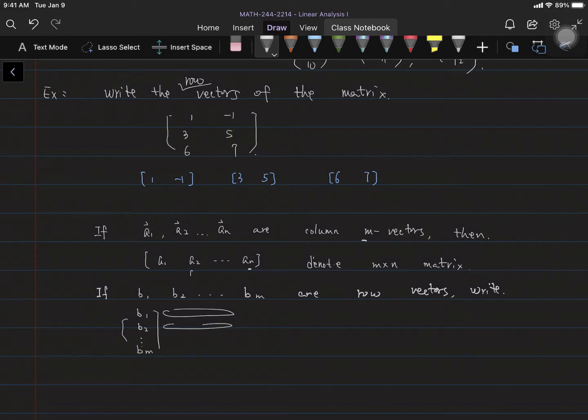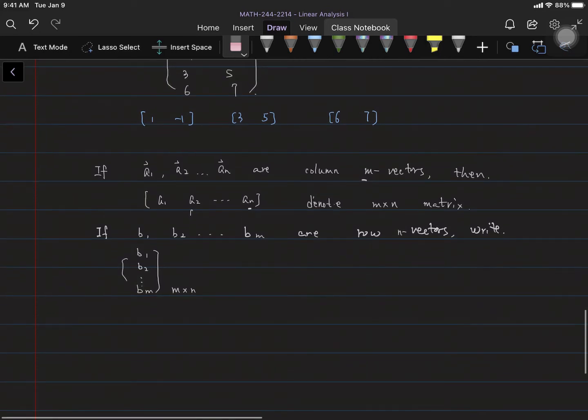Okay, same thing, this is m by n, row or column vector, doesn't matter. So just keep in mind, sometimes we can look at a matrix as made by row vectors or by column vectors.